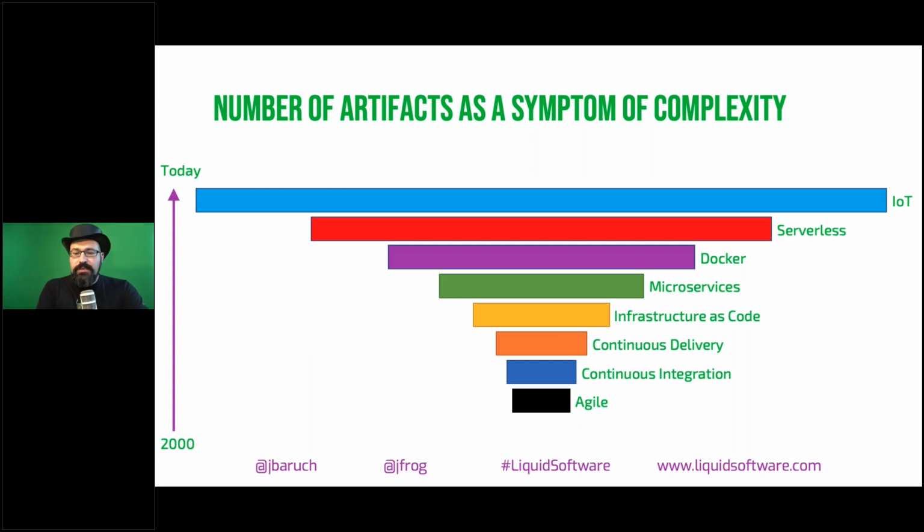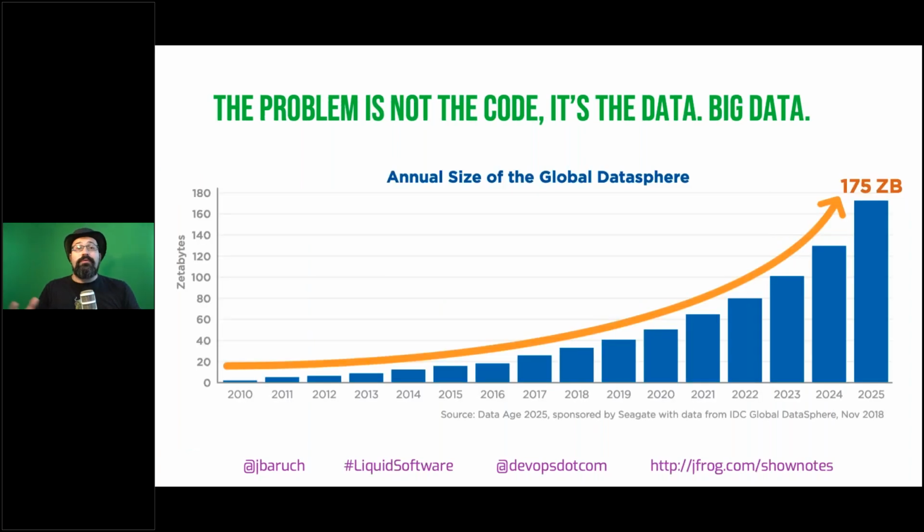Another interesting symptom will be the data. And this is a survey or prediction, if you wish, by Seagate. They make storage, so they are a little bit of an interested party, but still, if you look at the numbers, they are astonishing.